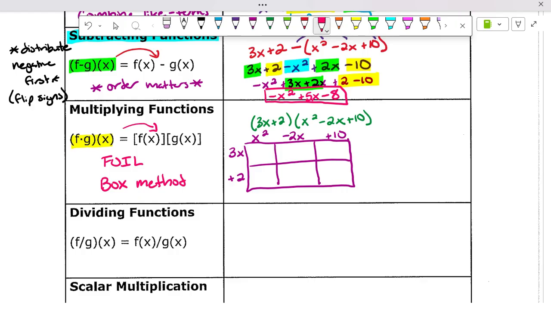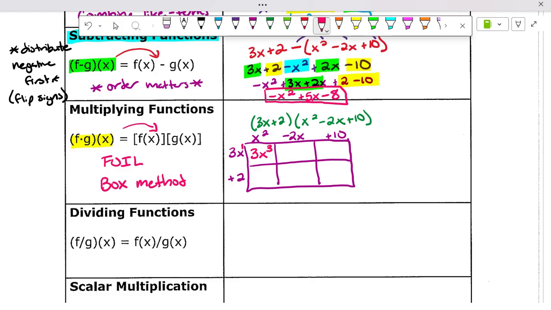You multiply the coefficients and then you multiply the exponents, which, when you multiply exponents, what are you actually doing to them? Adding them. So what's 3 times 1? X times x squared? X cubed. Because remember, there's an unspoken 1 here. So you're doing 1 plus 2, which is 3.